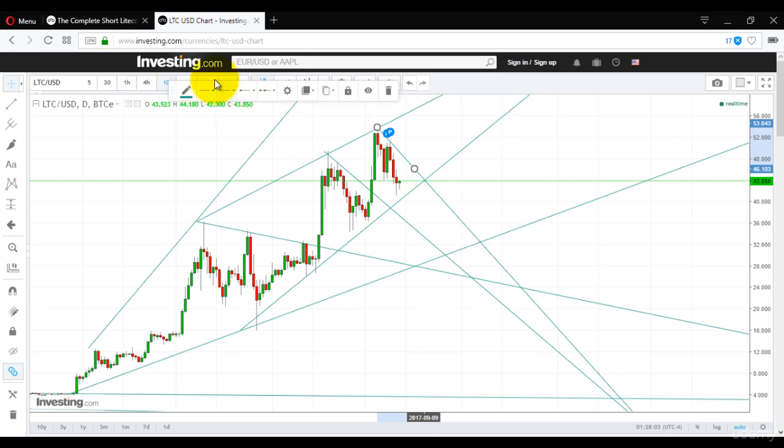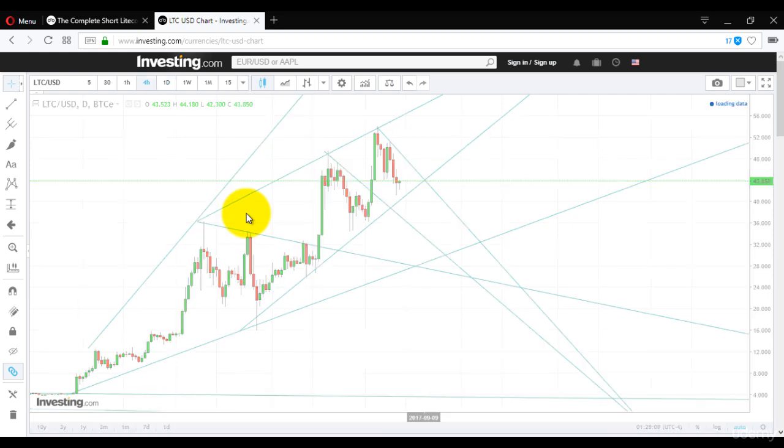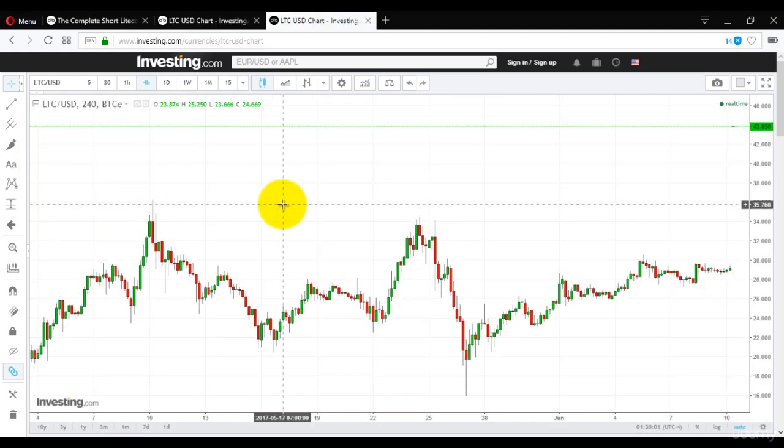If we move to the 4-hourly chart, that is the intraday chart, the real short-term chart, this chart is generated every 4 hours of the trading time. Now this is the 4-hourly chart that we were talking about.